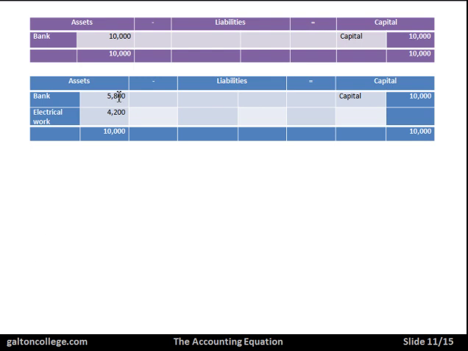So his bank account has now gone down, but he has got improvements to the premises, an extra £4,200. That really is an asset. This work done helps him to run the business. So his assets remain the same, £10,000. He's got improved electricity, but his bank balance has gone down. The capital has remained the same, £10,000 on each side.